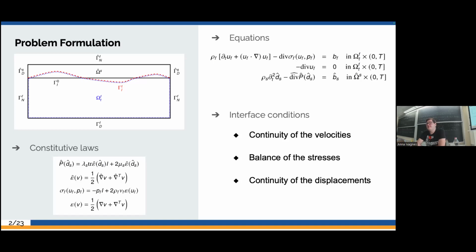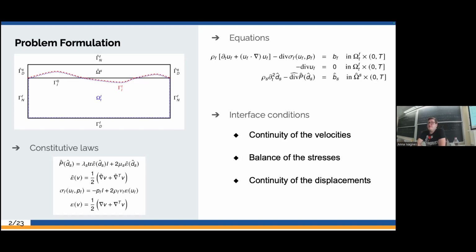In fact, for the Navier-Stokes equations, we consider the Eulerian formulation, and the equations are described on the moving fluid domain, which depends on time. Whereas for the structure equation, we define the equation on the reference configuration.